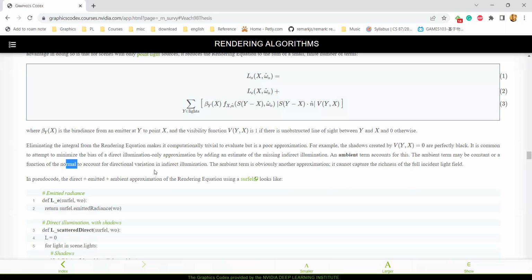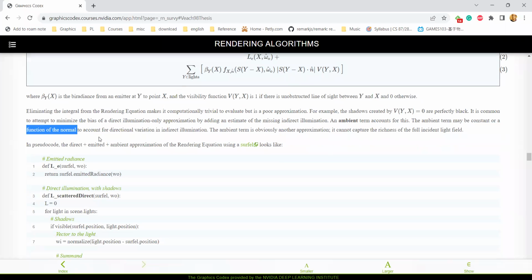Have any of you seen that? Like an ambient term that is not a constant? This is new to me, but I guess you could. I'm picturing the diffuse term and the raster Phong stuff, but they're talking about ambient terms, so that's not really it.